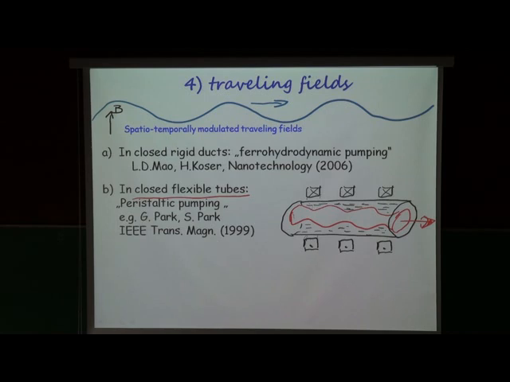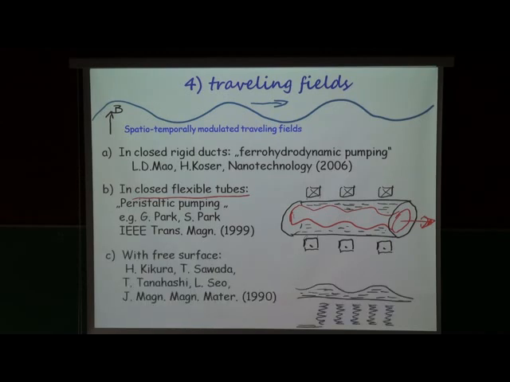By switching on different coils you can push this squeezed tube, you can drive flow by this wandering field. This is a very low frequency mode, and this is a very engineering application. It was published in 1999.